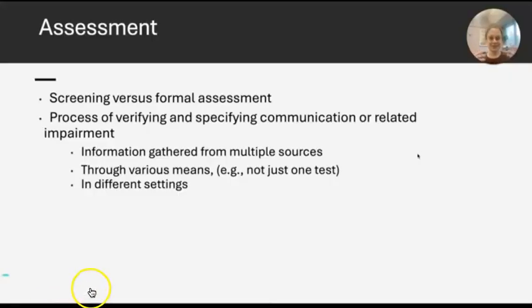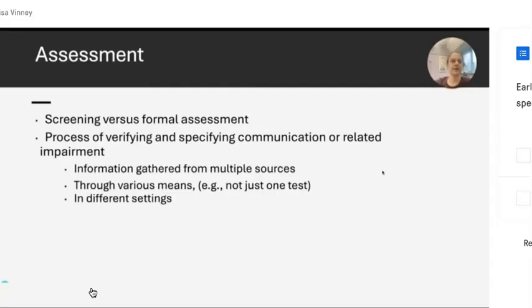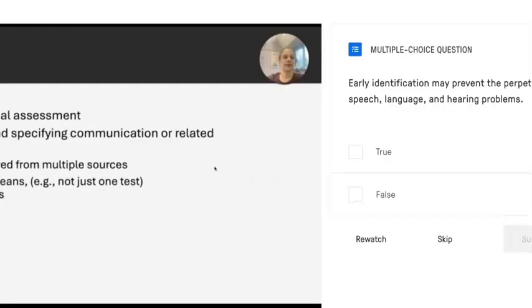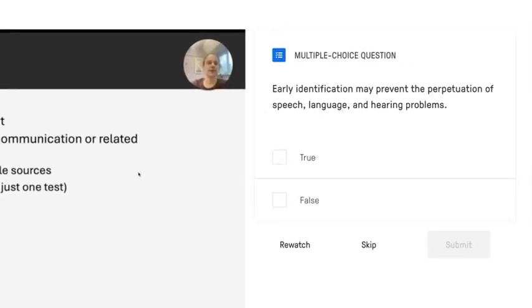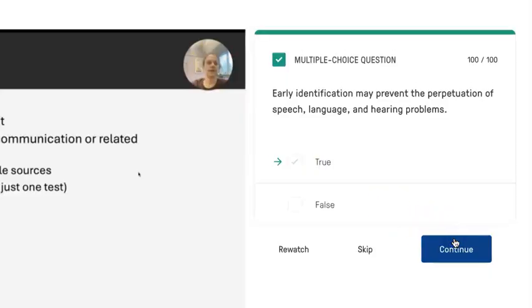Okay, so assessment. Assessment of communication disorders is really a systematic process. Okay, so a question for you. Just as you are listening to this, any thoughts on whether early identification may prevent the perpetuation of speech, language, and hearing problems? This is absolutely true.